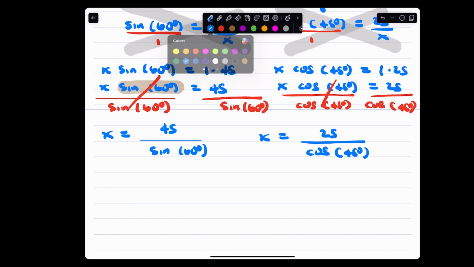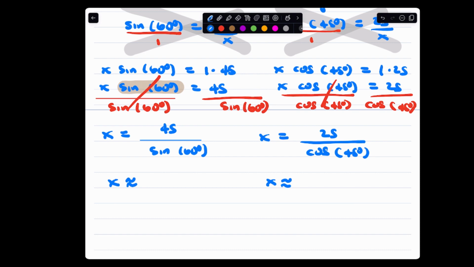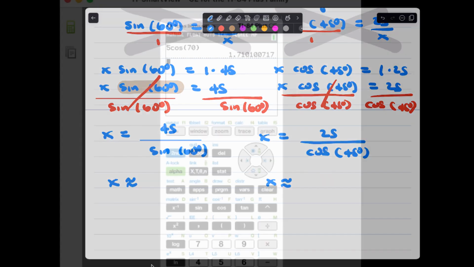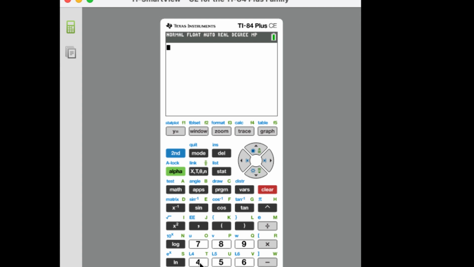Now we'll keep it in blue. So we're going to punch these in the TI calculator here, and see what we get. 45 over sine 60 for the first one. So we say 45 divided by sine of 60.